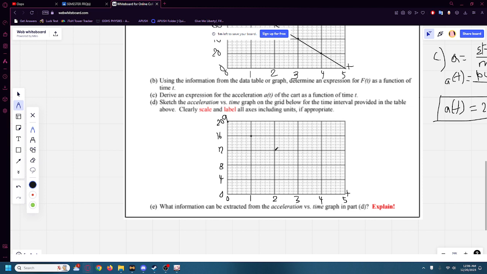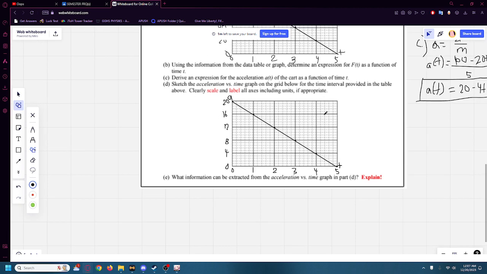Plot the dots. And that's the a versus t graph.